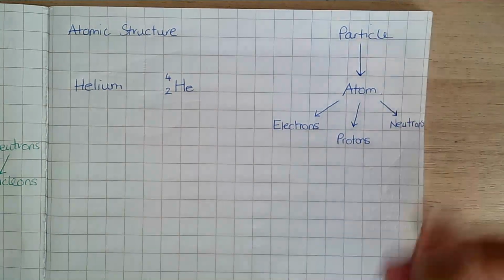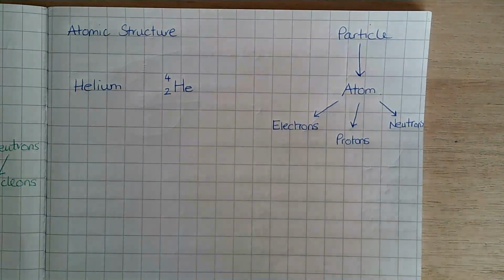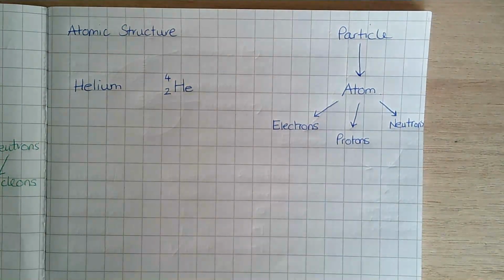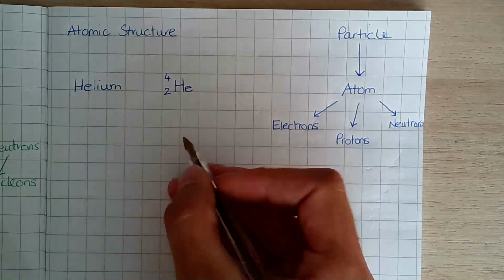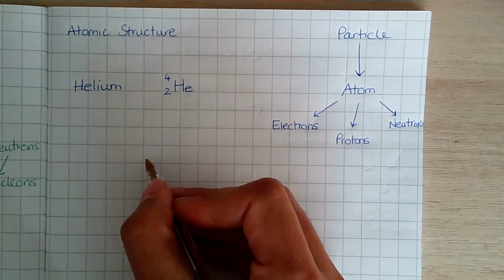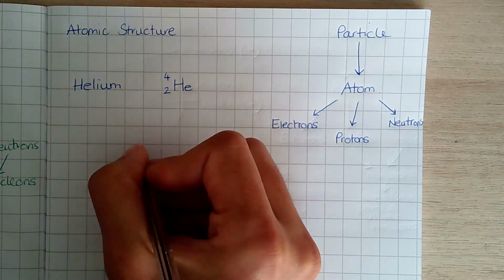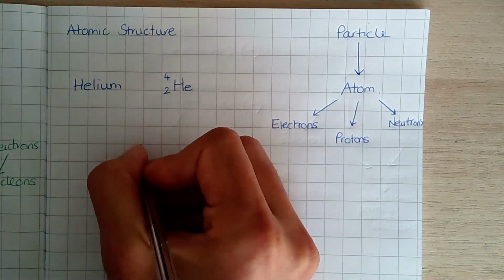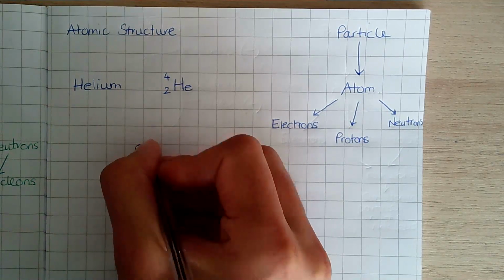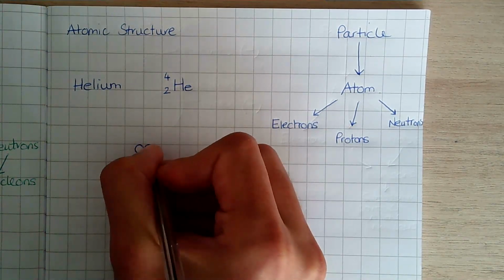And this should not be new to you. So, if I was to draw how it looks, there's going to be a nucleus. The nucleus is the centre of the atom.